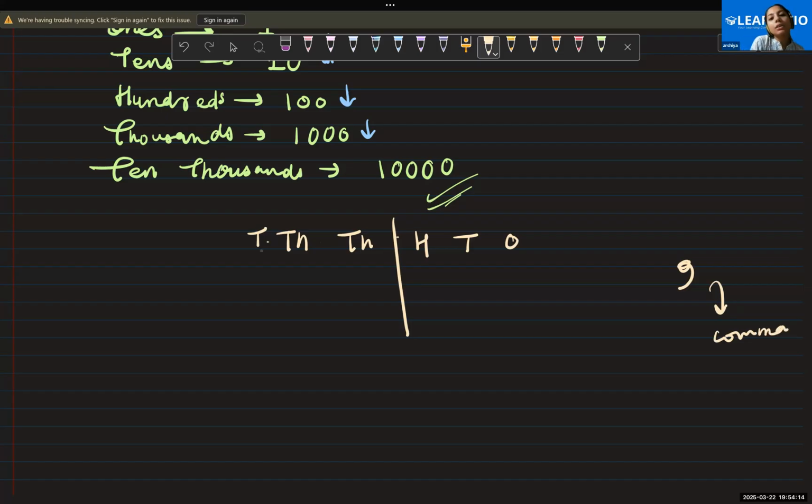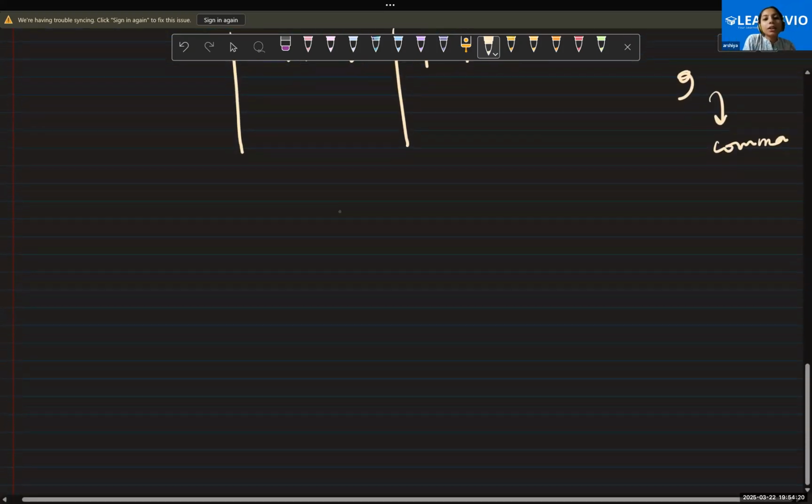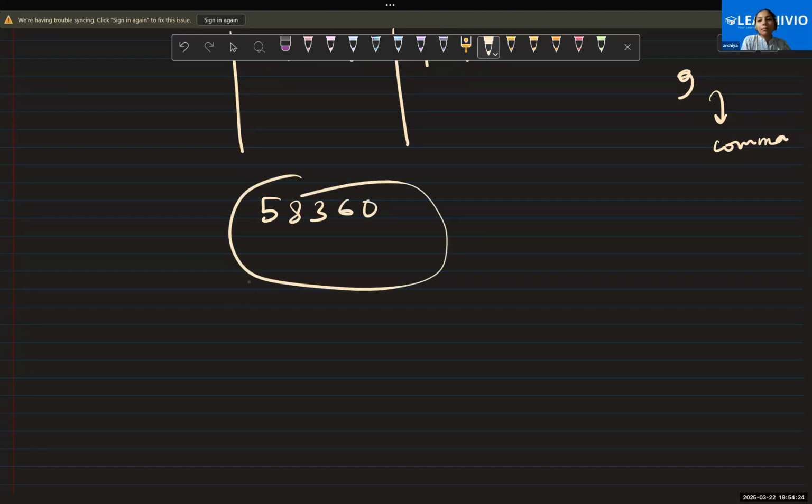And after 1,000 and 10,000, we can again put a comma. Take a number like 58360. This is very confusing, right? It's a really big number. But how do I make it easier? I write it like 58,360, because I know ones, tens, hundreds, and I can put a comma.